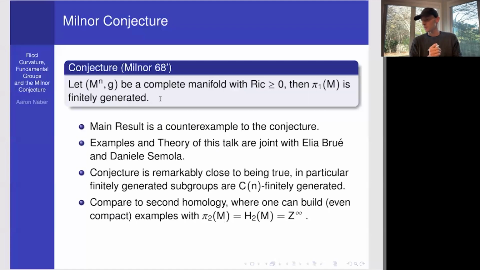There was an infinite number of Z factors appearing, and more recently, you can build some rather funky examples. If you go to the collapsed world, you can even build limits of things like this where every open set has infinitely generated second homology. So it can't be a manifold or anything nice. So second homology can be really, really wild inside these spaces.